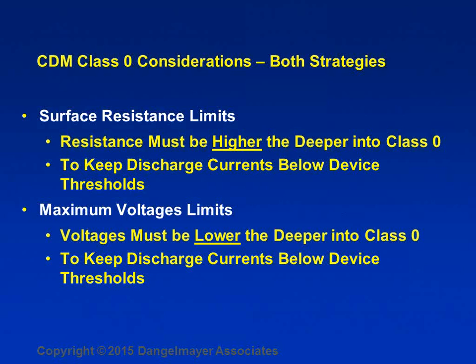So for class 0, you need to make sure that the charging levels on the device are below its thresholds, and resistance levels on the materials you choose are high enough to keep the discharge currents below the failure levels. Both strategies are important, and we have found in our work with AT&T and clients since then that surface resistance is actually more cost-effective.